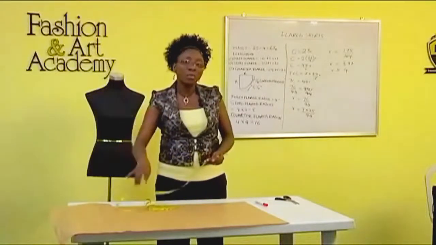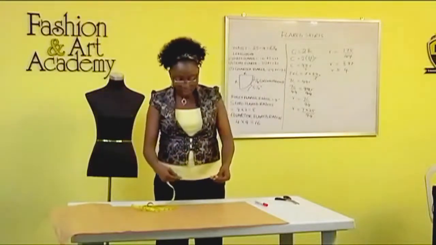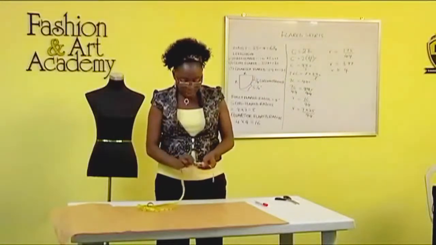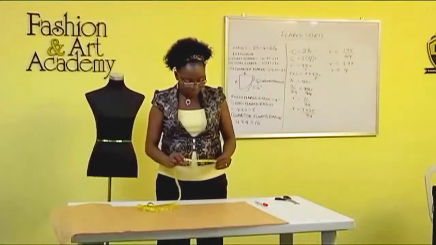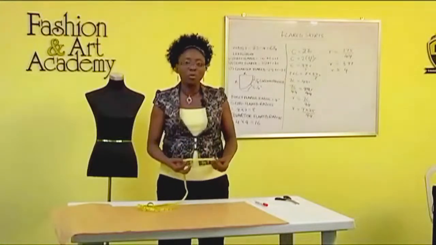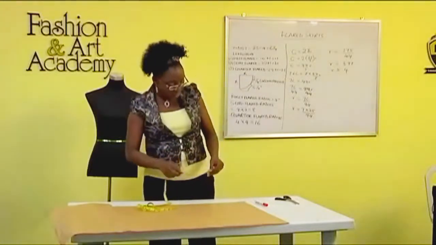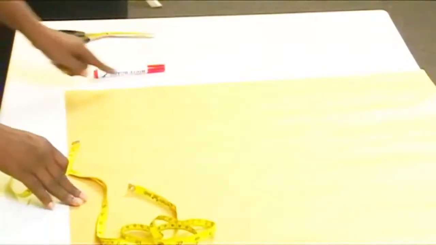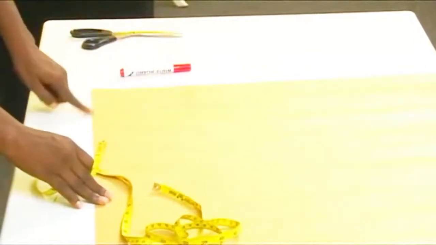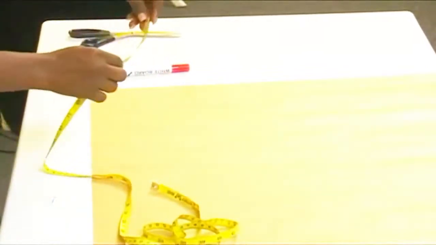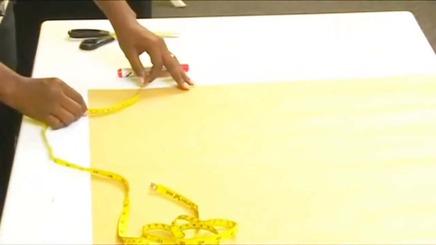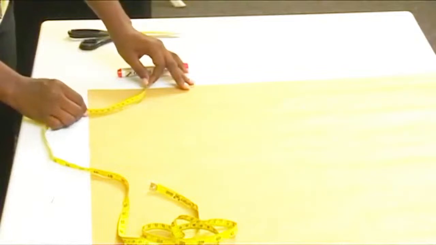Because I know the waist, I take a quarter of the waist, which is 6 1/4. And I place my finger on where the 6 1/4 is, and all I do is take it to the edge of my paper. You can see that I have an edge here, a corner here. So I'm going to just take it and place it on both sides and try to see whether I can get it as a perfect arc.